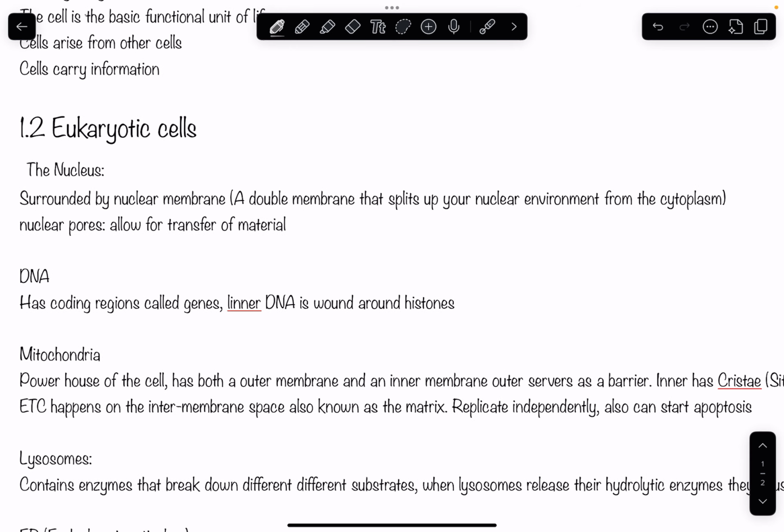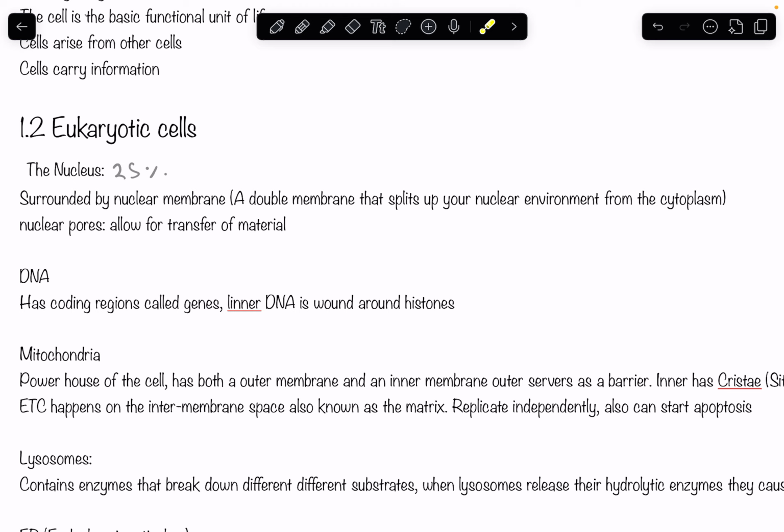Okay, so nucleus, right? We need to know the nucleus is 25% of the cell. Okay, fun fact. So again, we all know what the nucleus is, right? But again, surrounded by nuclear membrane. So it's a double membrane that splits up the nuclear environment from the cytoplasm environment, right? And we all know why we will need to do that.